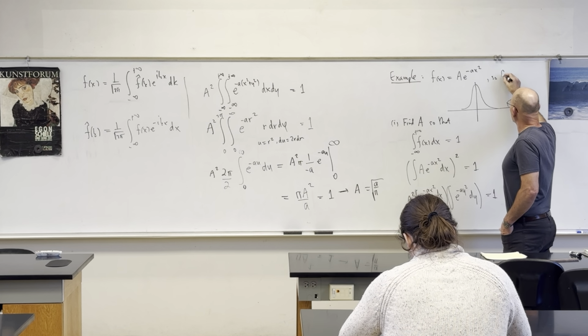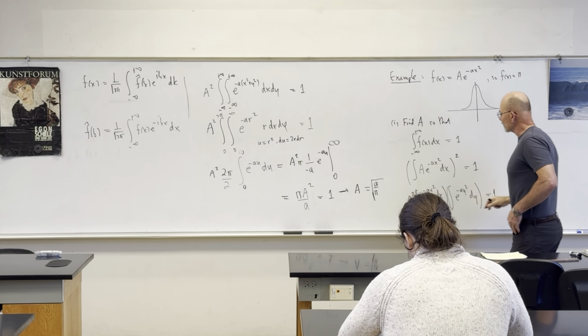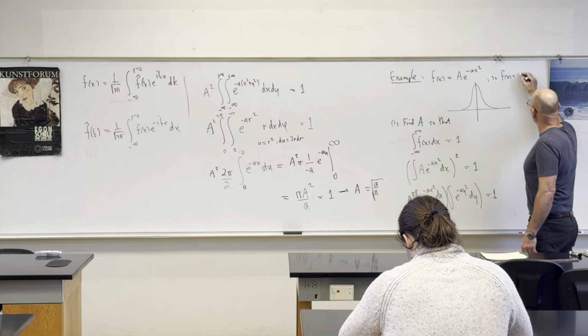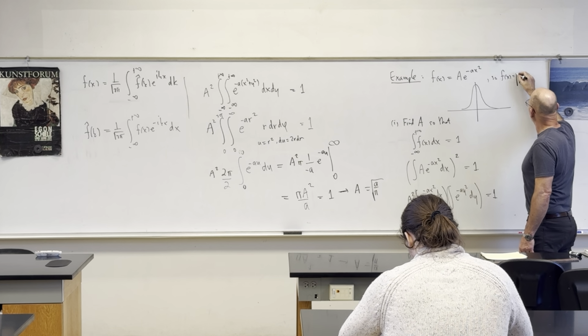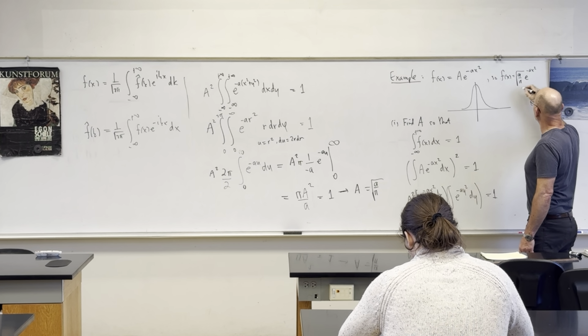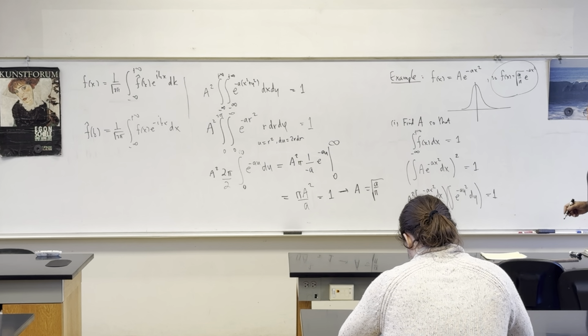Now we can say f of x equals the square root of a over pi times e to the minus ax squared. That's the function whose Fourier transform we want to find.